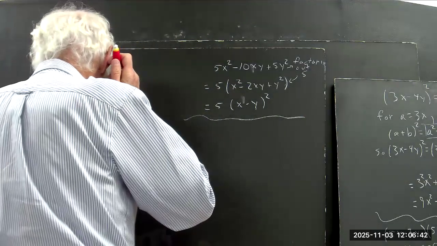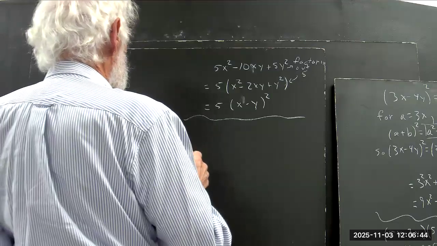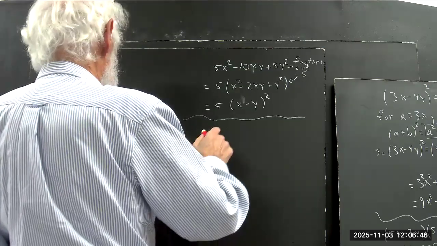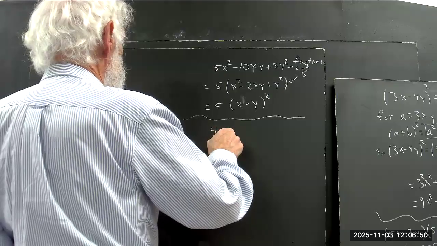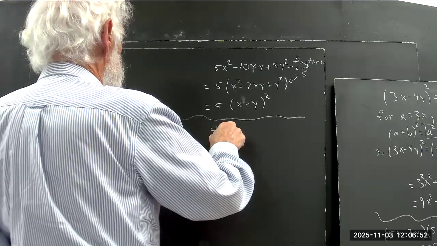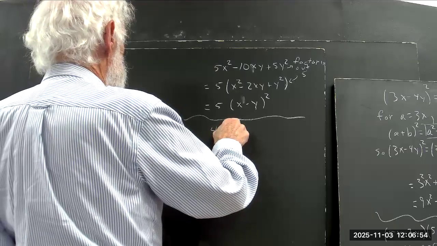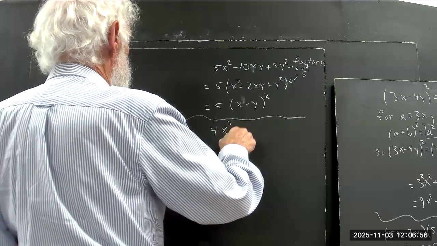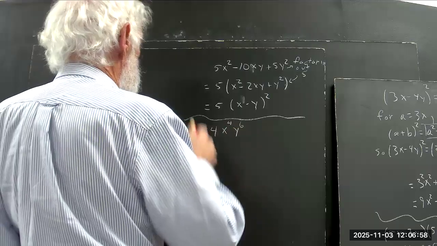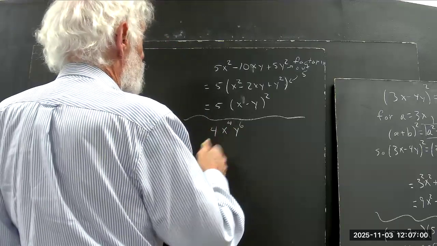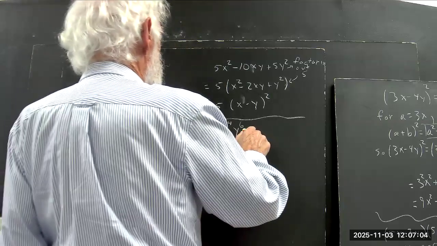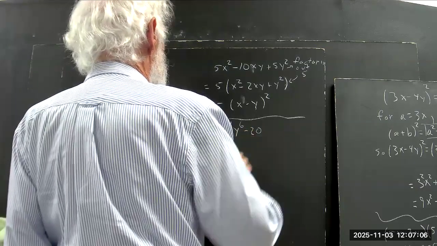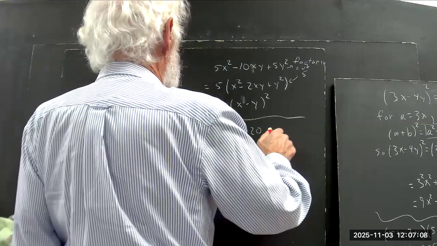Another example. Let's say we've got 4x to the 4th, y to the 6th, minus 20 times something.